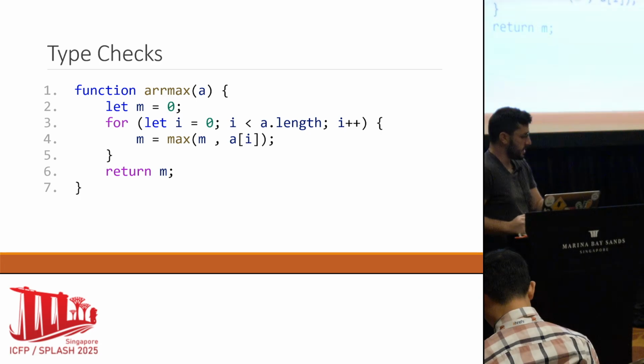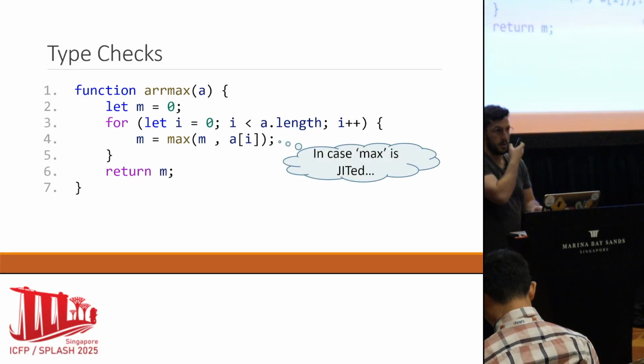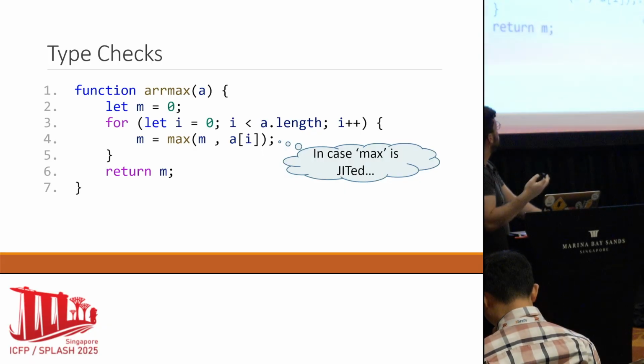When we use these JIT compilers, we actually incur some more checks we need to do during runtime. For example, in case the max function we use here, in case the JIT compiler decided to compile it during runtime, assuming these values that the max function gets are numeric values, let's say.